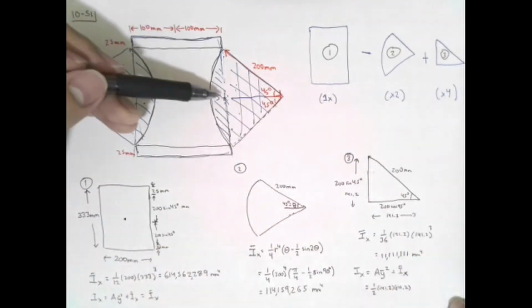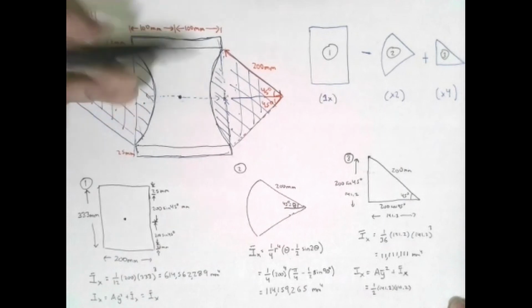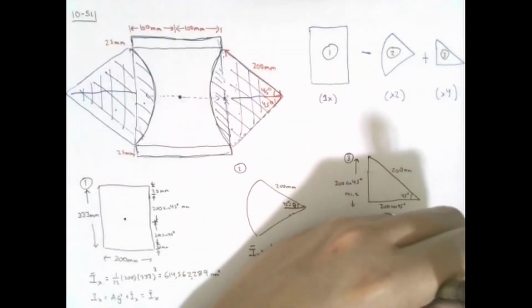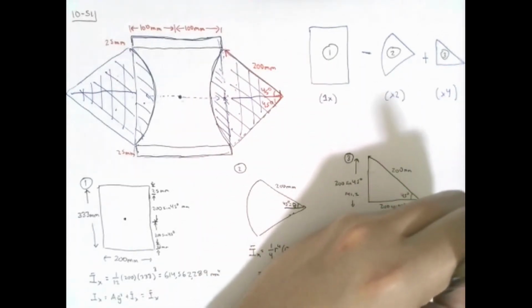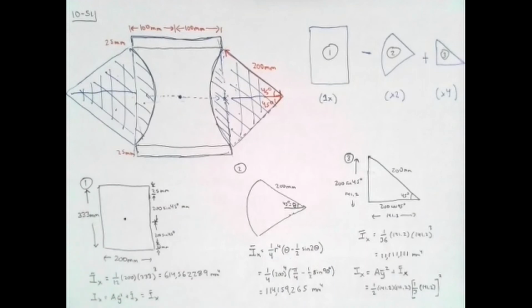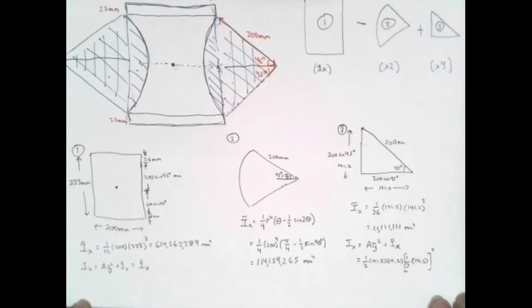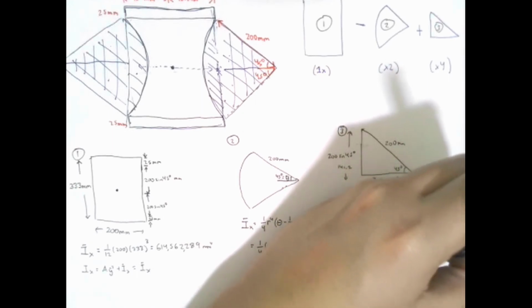The distance to the centroid is 1/3 of this distance, so it'll be 1/3 of 141.2, and of course, this is all squared.